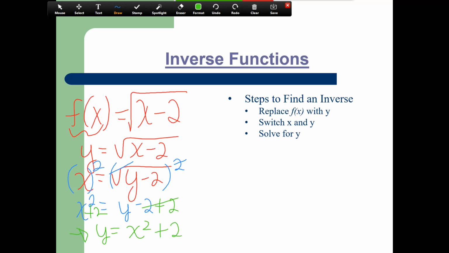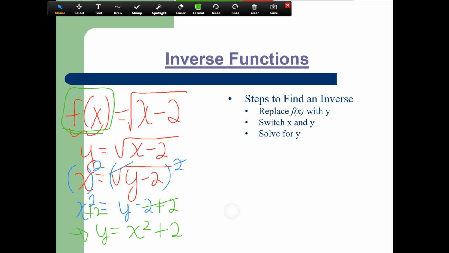However, it is not in proper form. There is a particular notation that means the inverse of f. Remember, our original function we were finding the inverse of was named f. The inverse of f is going to be stated as f with a little negative 1. Now that negative 1 is not an exponent, that means inverse of f.